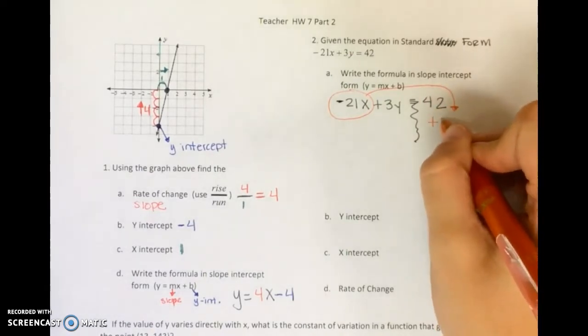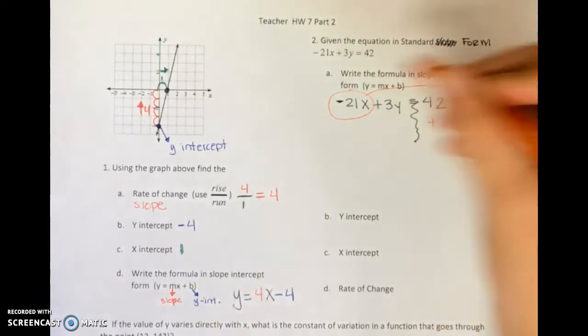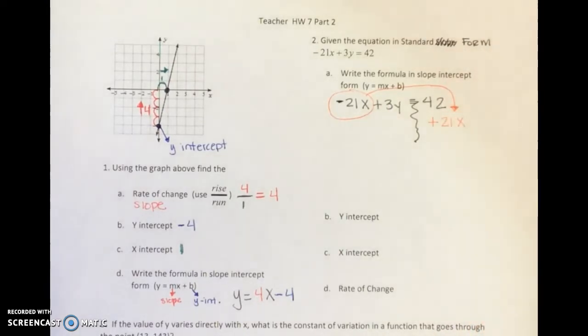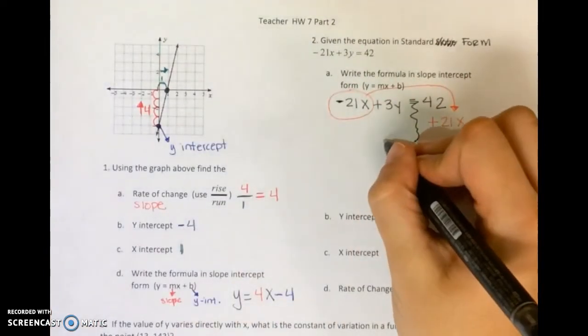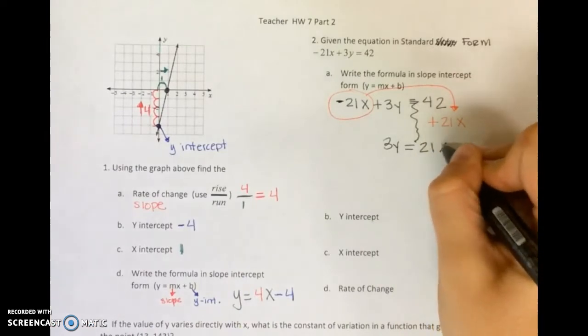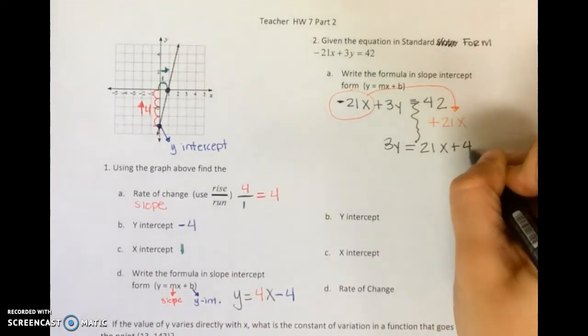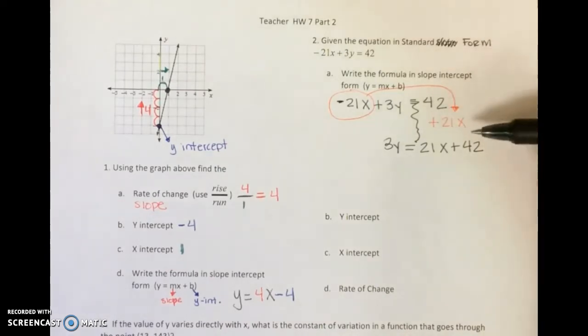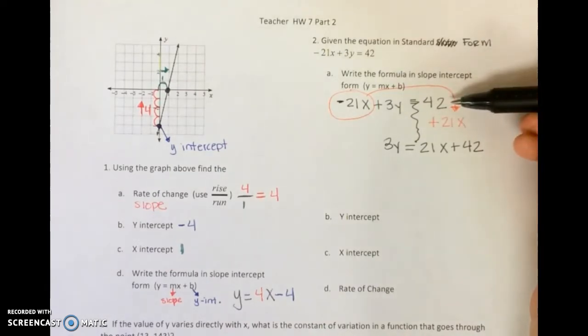So plus 21x. Remember, when it moves to the other side, that sign changes. And you end up with 3y equals 21x plus 42. Do not combine these. They are not like terms. This one has an x. This one doesn't. They do not go together.